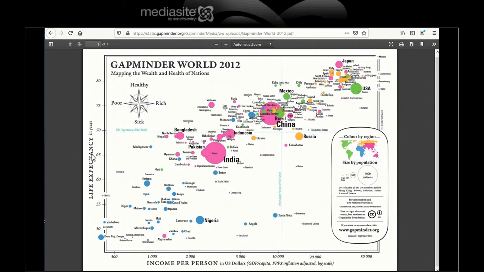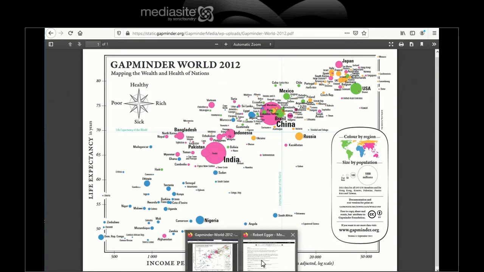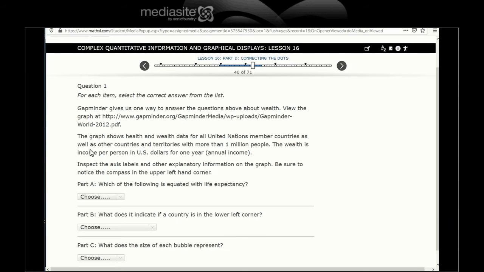Okay, so here's the graph. It shows wealth and income per person in US dollars for 1 year. Inspect the axis labels and other explanatory information on the graph. Be sure to notice the compass on the upper left-hand corner.